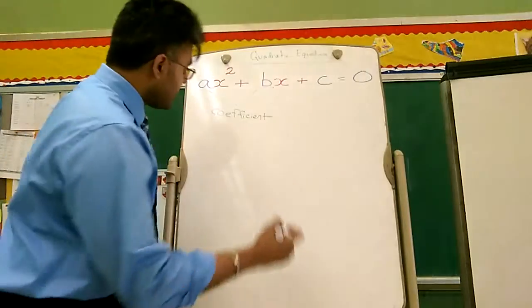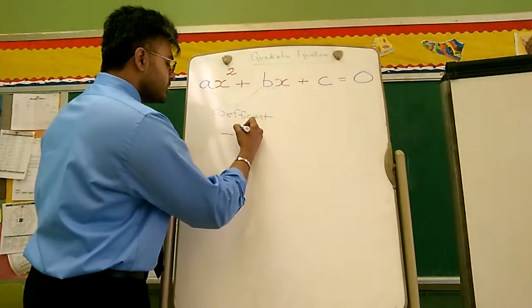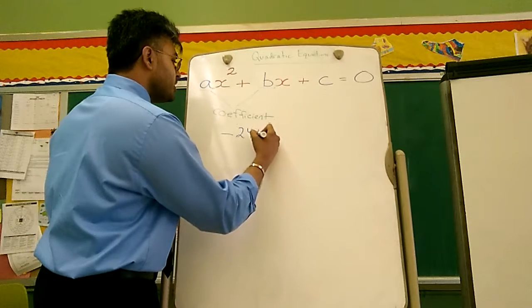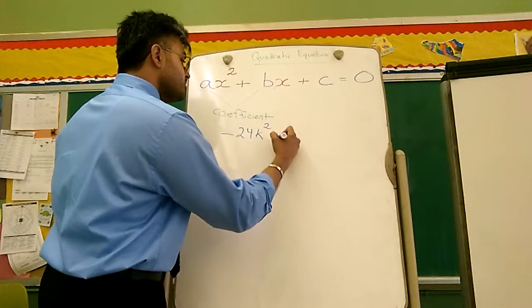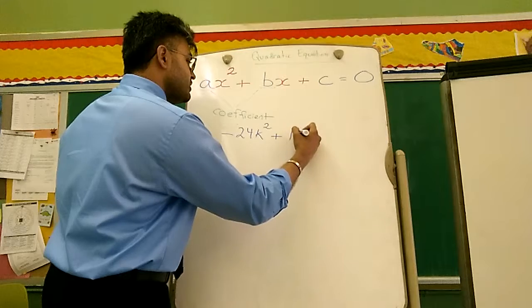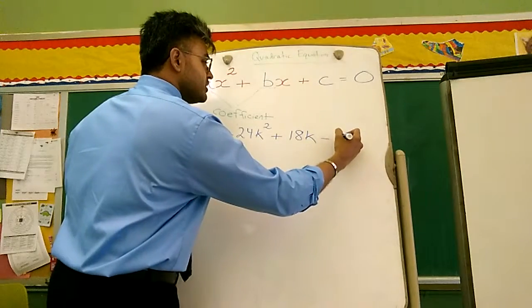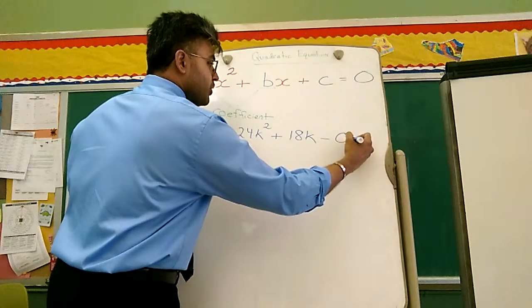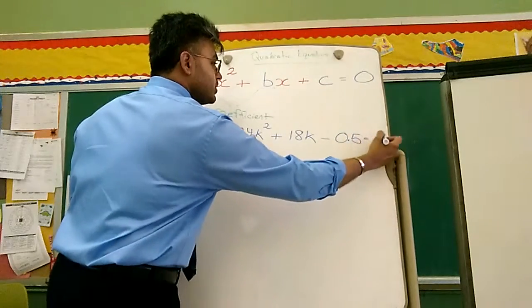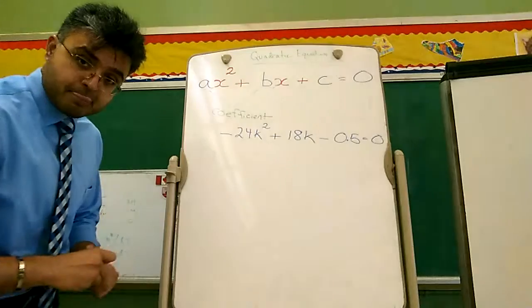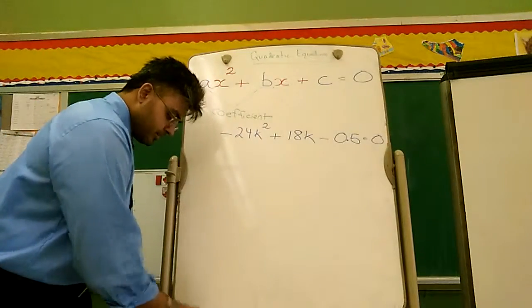Let's use a negative. How about this one? Minus 24k squared plus 18k minus 0.5 equals 0. Same thing.